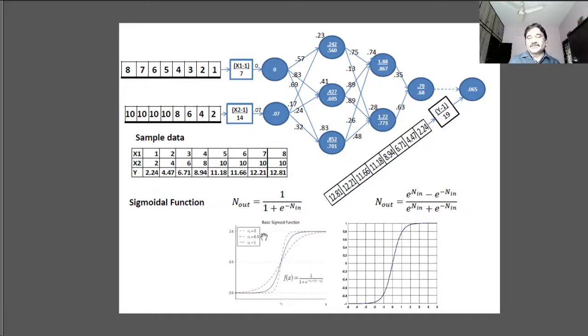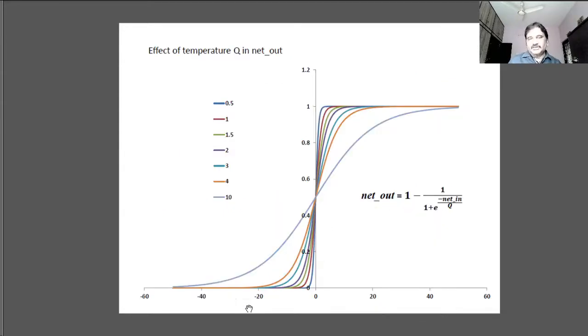If it is vertical, then we will have problems in training of this neural network. If it is spread to greater length, if it is spread like this, then it would exhibit certain benefits in training. So this is the role of q, the effect of temperature q on net out, that we have seen here.